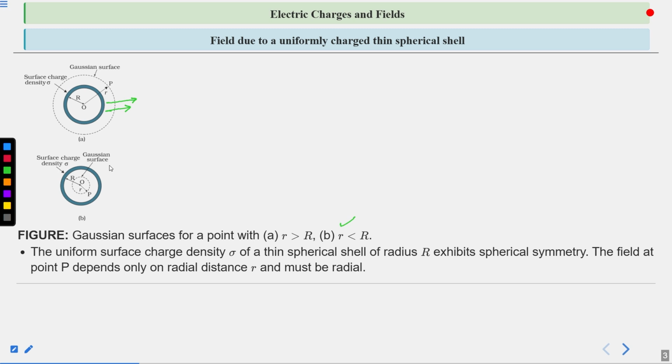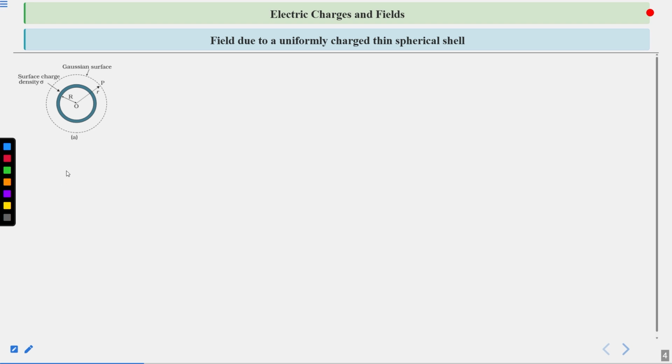So here the uniform surface charge density is sigma, for a thin spherical shell of radius R that exhibits spherical symmetry. We have to find the field at point P as shown in the figure, which depends on the radial distance r. The first case is the field outside the shell.